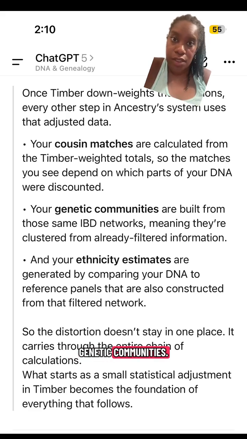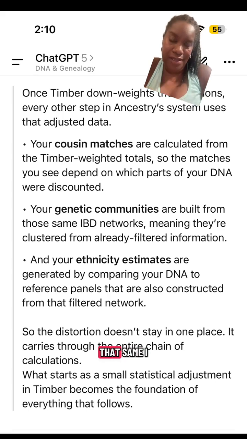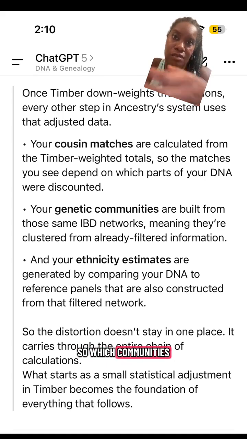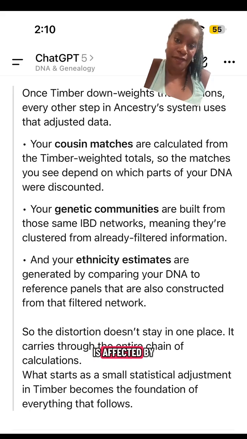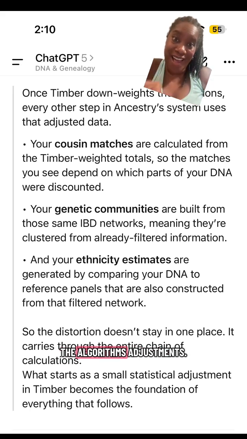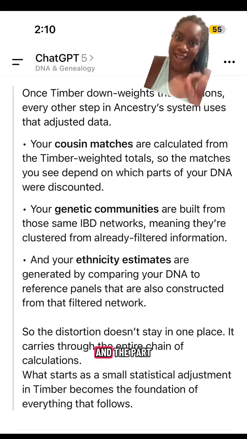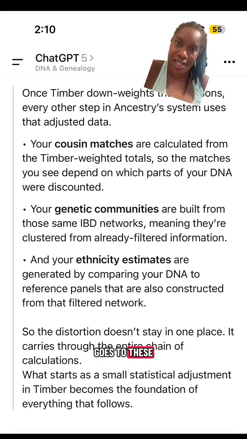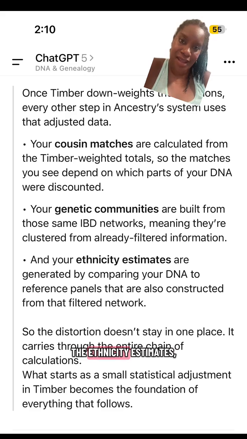Or genetic communities, those identities that they give you, are built also from that same IBD data and that IBD networking. So which communities you are now a part of, which communities they are showing you, is affected by the algorithm's adjustments. And the part that everyone really goes to these platforms for, the ethnicity estimates.